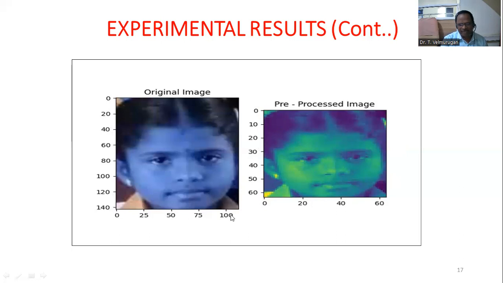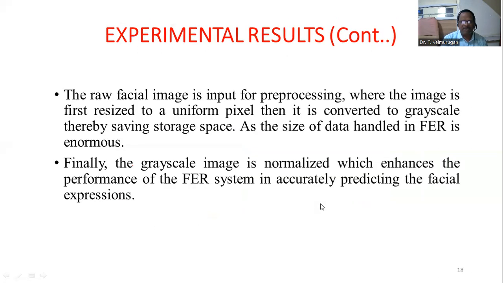Horizontally 100 pixels are available in the original image, and in the pre-processed image only 60 pixels. Therefore, this kind of result yields very effective research conclusions. The raw facial image is the input for pre-processing of this research.